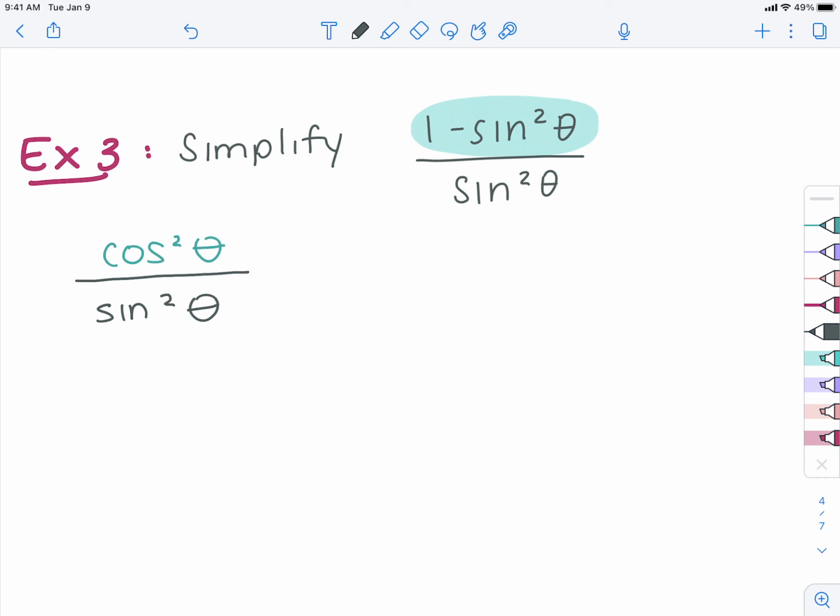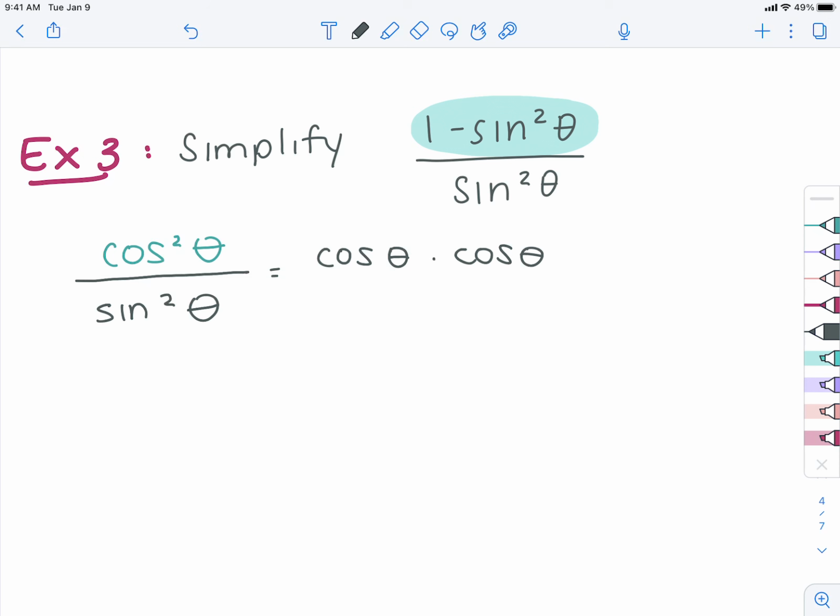And now I've already got my function written as cosine and sine. So I don't want to change anything at this point, but I can simplify this to just be one trig function. I can simplify cosine over sine to just be cotangent. And since I have 2 cosines and I have 2 sines, it's really like saying I have cosine theta times cosine theta, right?